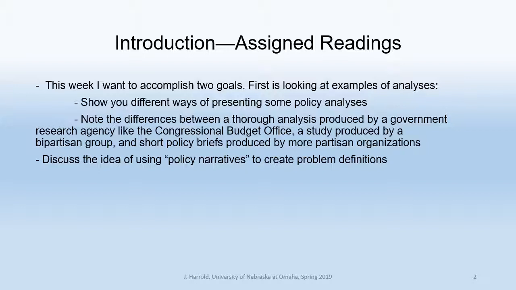I have one from AARP, which often depicts itself as nonpartisan. You can decide whether you think AARP is nonpartisan or not. They are accused of being more liberal by some people, but they usually say that they only advocate for senior citizens. And then I give you a couple other reports.